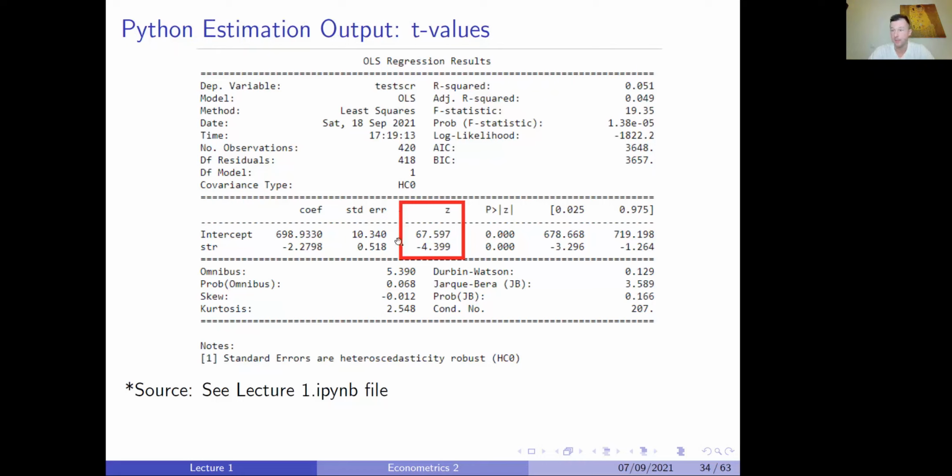So these t values are already calculated for you. As I said, in Python, they're called z, and they are here. Basically, you divide the coefficient by the standard error, and you have these. You divide this coefficient by the standard error, and you have these. Whenever you have the reported values of coefficient and standard error, you are able to calculate t values yourself.